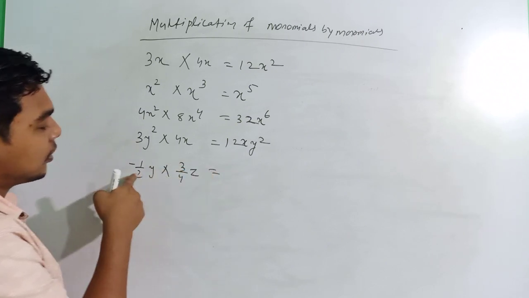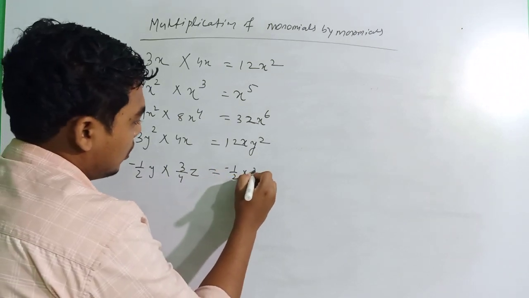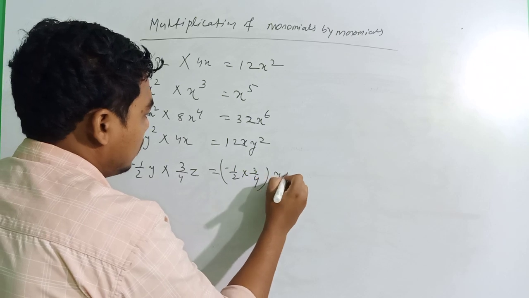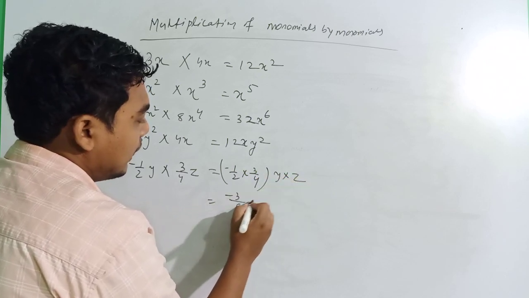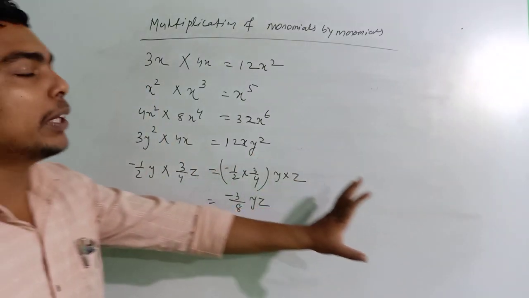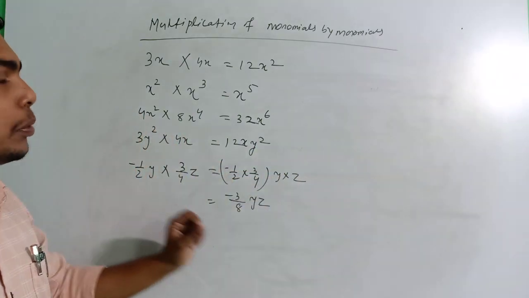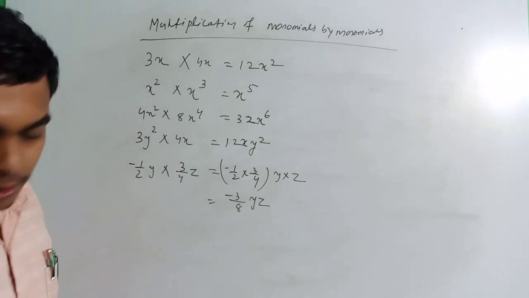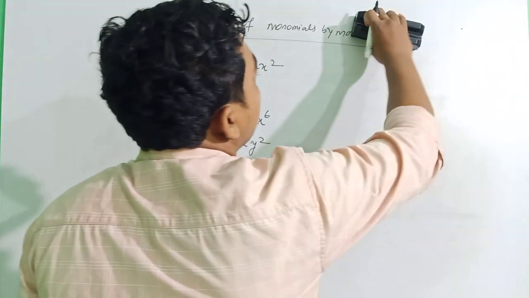So it's multiplication of minus 1 by 2 into 3 by 4, then y into z, that is minus 3 by 8 yz. This way we have to multiply monomials. Monomials should be multiplied this way. Then we will study multiplication of monomials by binomials.